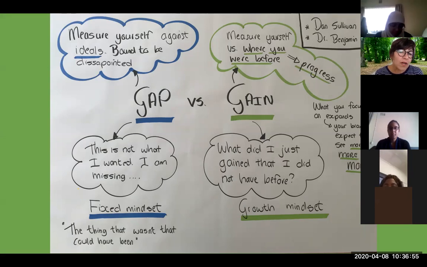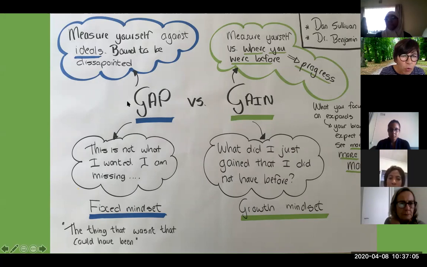So the thing that wasn't, that could have been, is almost that. It's like that fixed mindset. There's a gap. There's a gap in terms of what it is that I wanted versus what I got. The gain, on the other hand, is when you arrive with a chocolate bar, and whoever it is that you bought the chocolate bar for, despite the fact that it might not be their favorite chocolate bar, is like, oh wow, this is amazing.